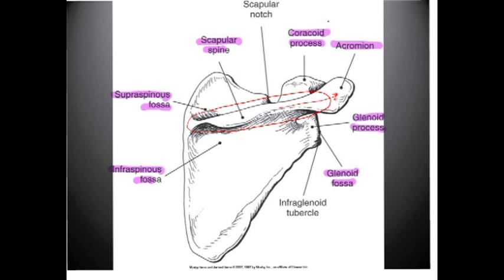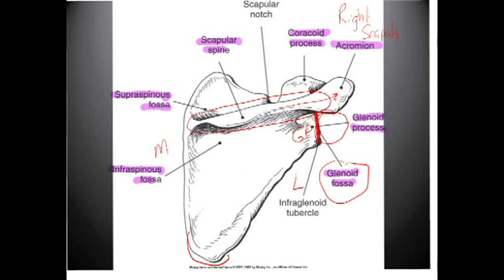Additionally, it must be said that this is a right scapula, with the humerus residing somewhere here. This makes this the glenoid process, with this being the glenoid fossa, as we see detailed here. This is the medial border. This is the lateral border.